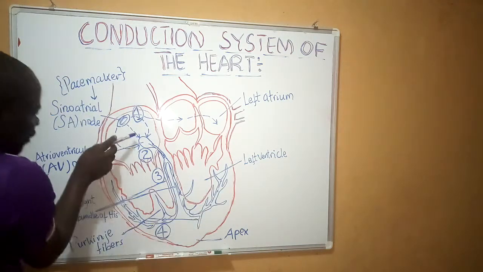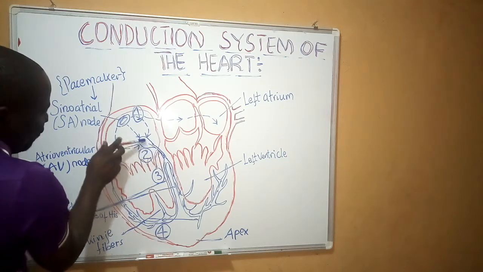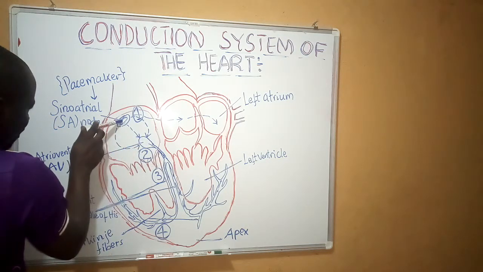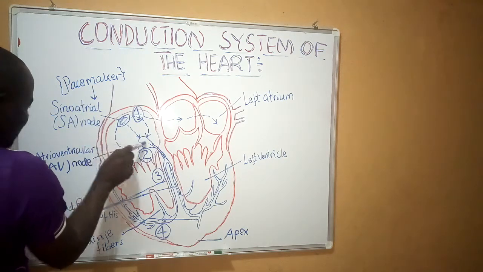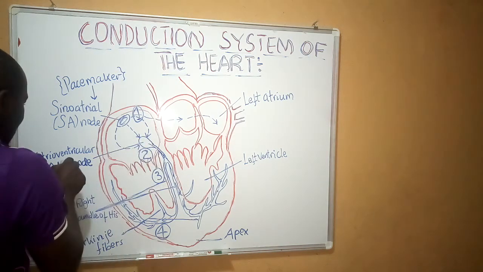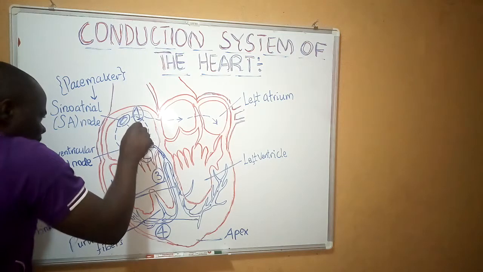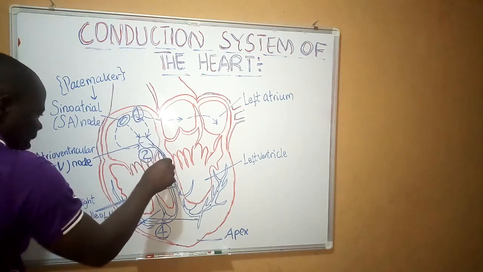So the action potential spreads starting from the sinoatrial node as a pacemaker, which initiates the action potential toward the atrioventricular node. Then from the atrioventricular node, the action potential is sent to the left and right bundle of His.